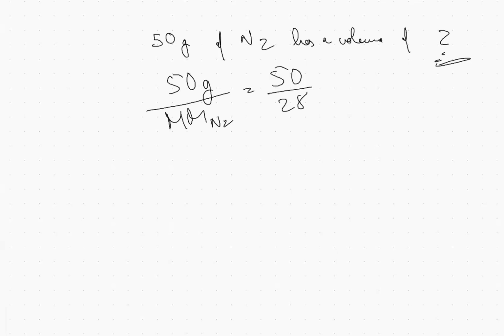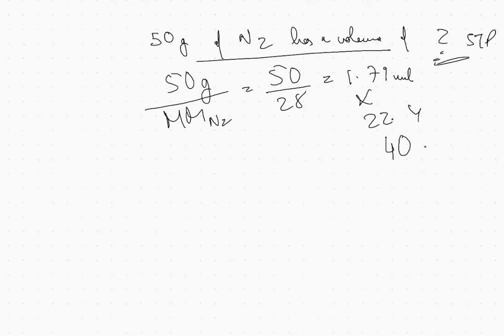So 50 divided by 28, I get 1.79, we'll say, moles. What's the volume at standard temperature and pressure? You multiply it by 22.4. I get roughly 40 liters. So whatever the closest value given, near to 40 is the right answer.